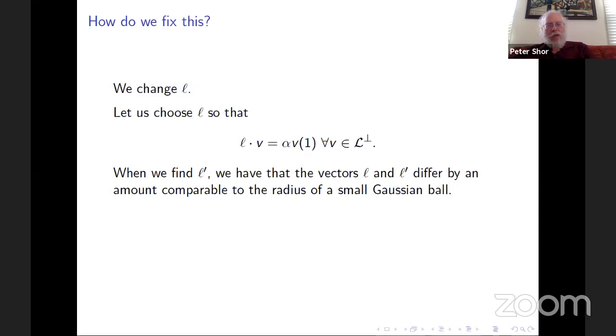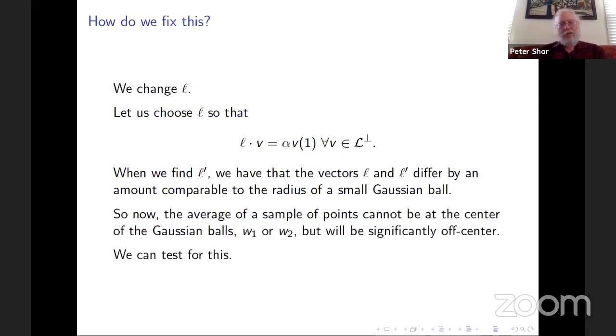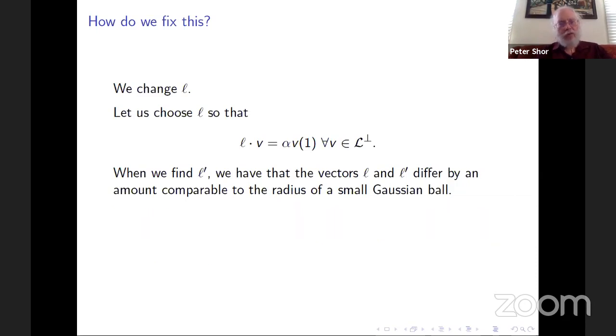And when we find L prime, the vectors L and L prime differ by an amount comparable to the radius of a small Gaussian ball. So the average of a sample of points cannot be at the center of the Gaussian balls W1, W2. Remember L was a dual lattice vector, so L prime differs from the dual lattice vector by an amount comparable to the radius of a small Gaussian ball.